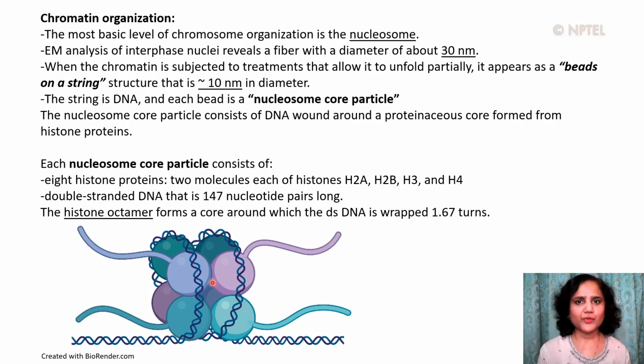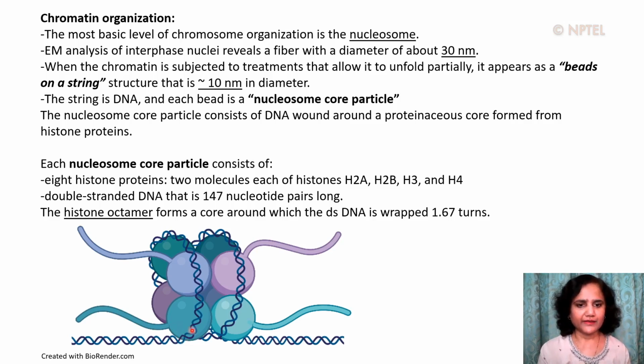Each nucleosome core particle consists of 8 histone proteins. So there are 2 molecules of each histone protein inside this histone octamer, which makes up the nucleosome. The histones present in the nucleosome are histone H2A, H2B, H3 and H4.